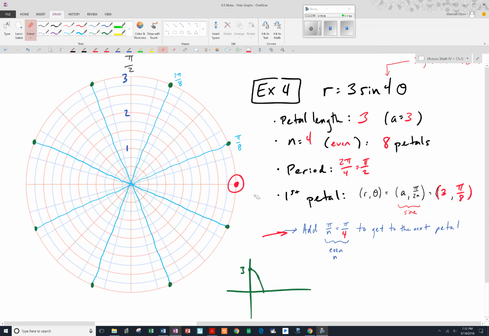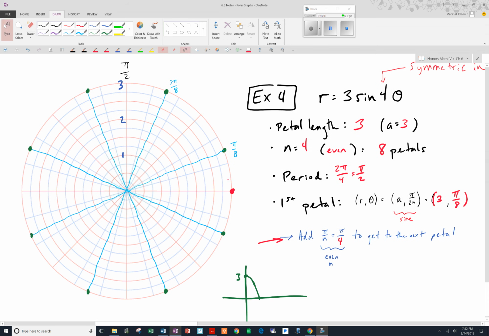And if I added pi over 4 each time, it would put me at these pi over 4 angles like this, and I'd still have 8 petals, and they'd still be half the period apart. But it would now be shifted and have different petal tips than the one that I have right now with the sine function. Just to throw that out there, it would start on the polar axis instead.